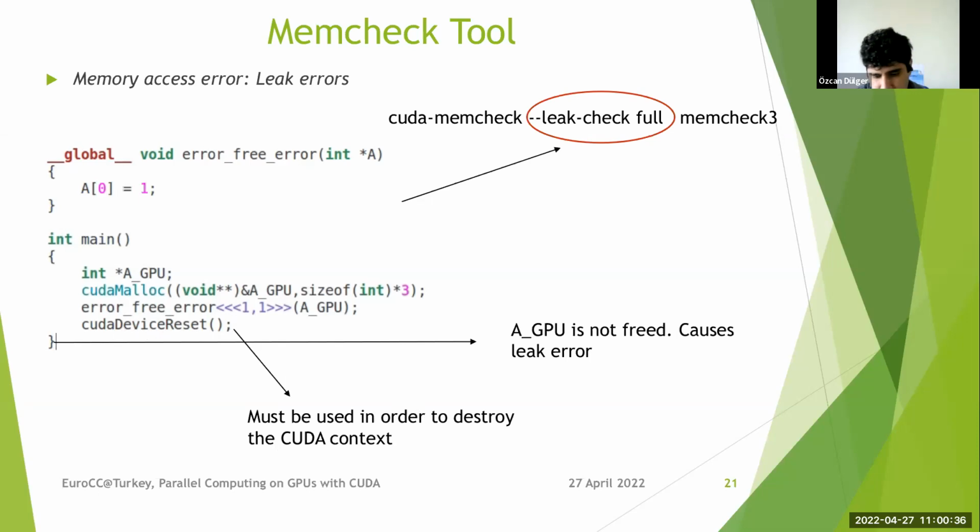So we cannot reach this pointer after CUDA device reset, and since we don't free it before CUDA device reset, a leak error occurred. But we cannot handle it or check it via a regular run of your algorithm, so you need to use CUDA mem check and the leak check full flag.